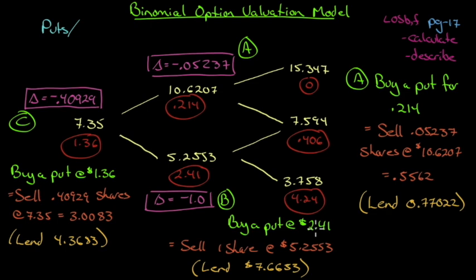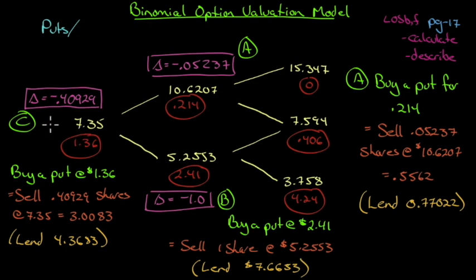Great, I part with $2.41, but the short sale provides me with $5.25. So I will add that to the $2.41 I part with and lend 7.6653. I'm just replicating. If somebody bought the put and I did this, we would be in the same position. We would both be out $2.41. We would both benefit from a downside move in the price of the stock.